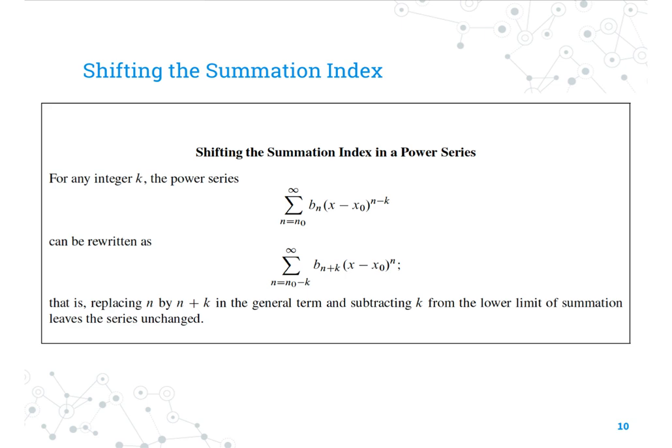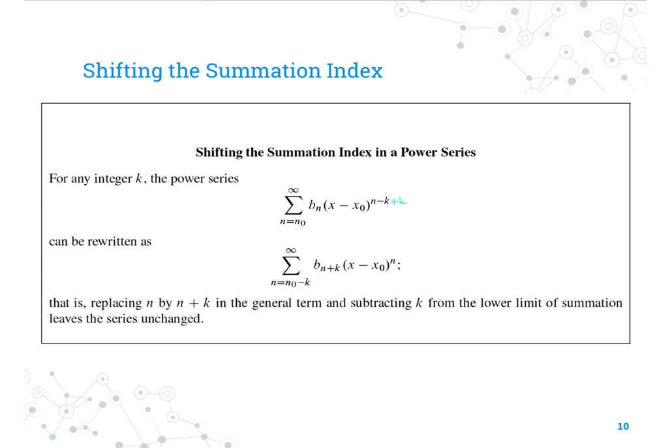So what we see here is that when we have a power series that starts at n naught to infinity of b sub n times x minus x naught to the n minus k, we can then take this power of n minus k and drop it to n, or bring it back up to n, as it were, by adding k to the power.